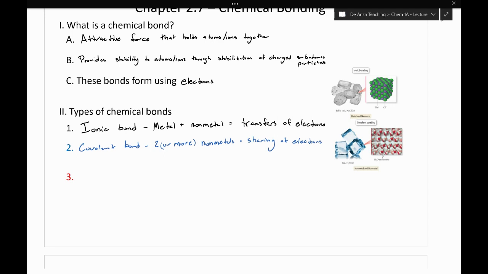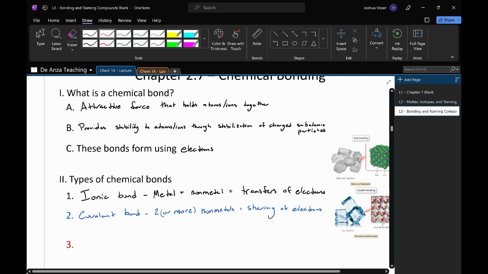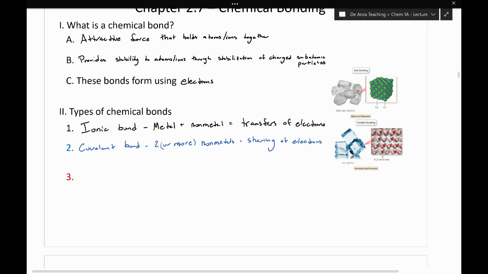And then the final type of bonding, which we won't discuss in this class, is something called a metallic bond. And I don't think it would surprise you to learn that these bonds exist between metals.